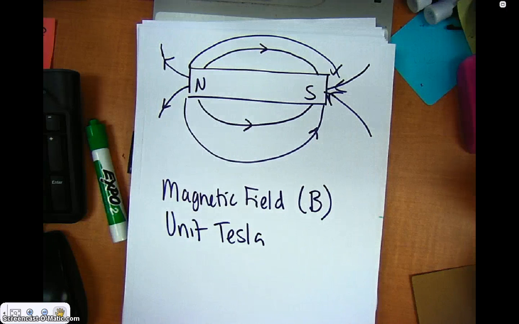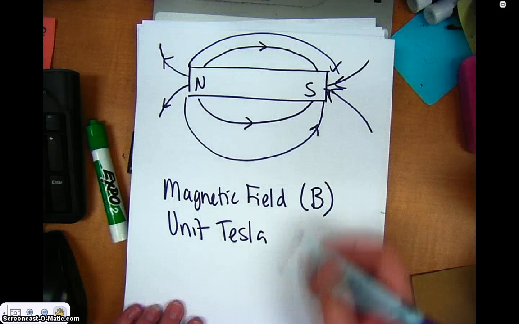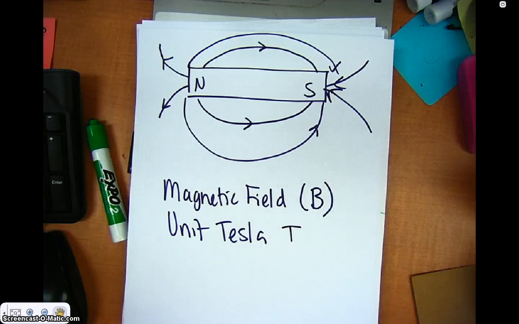And the Tesla is a derived unit, and we'll look at that in the next video where we see what the definition of a Tesla is, and it's based on a charge moving through a field. So we'll just look at that later, but for now, just know that the unit is Tesla, written with a capital letter T.